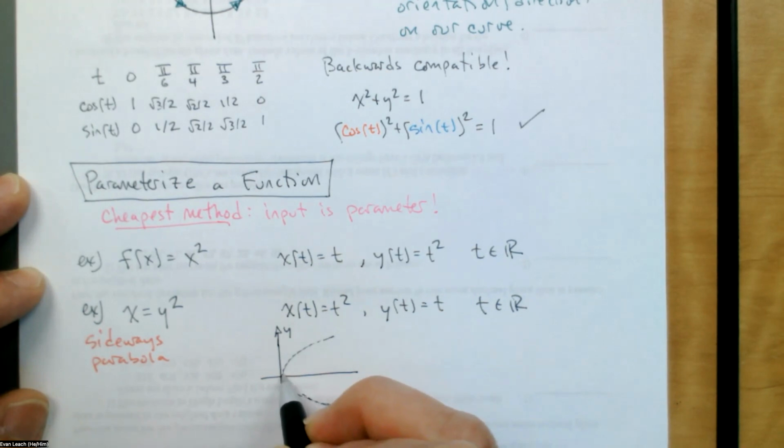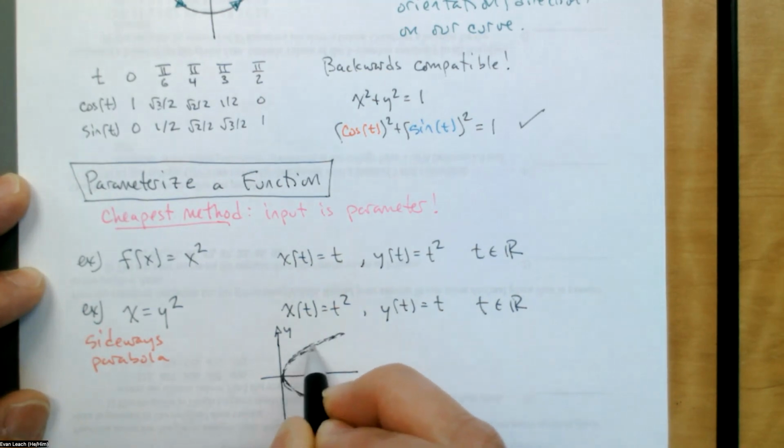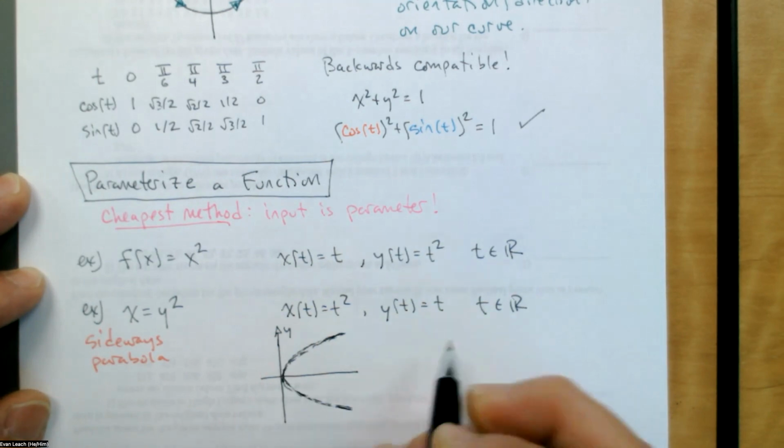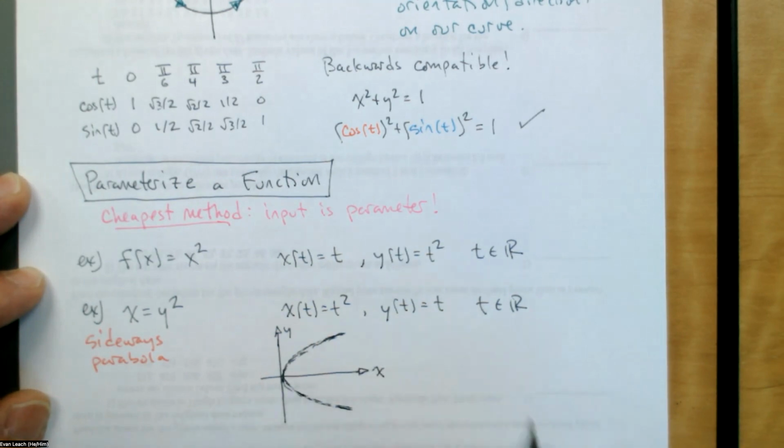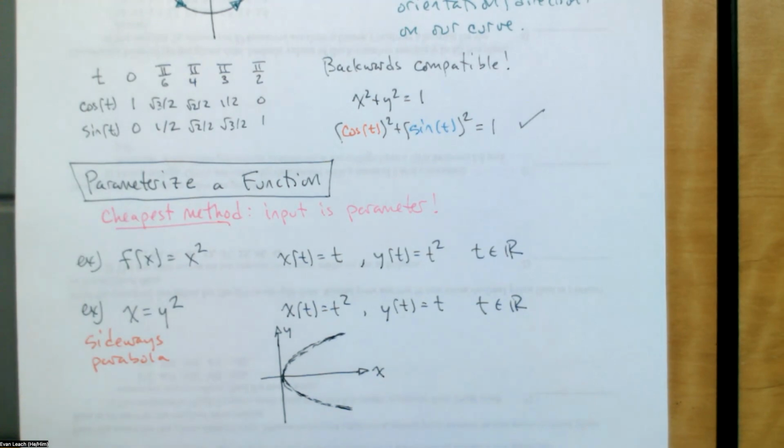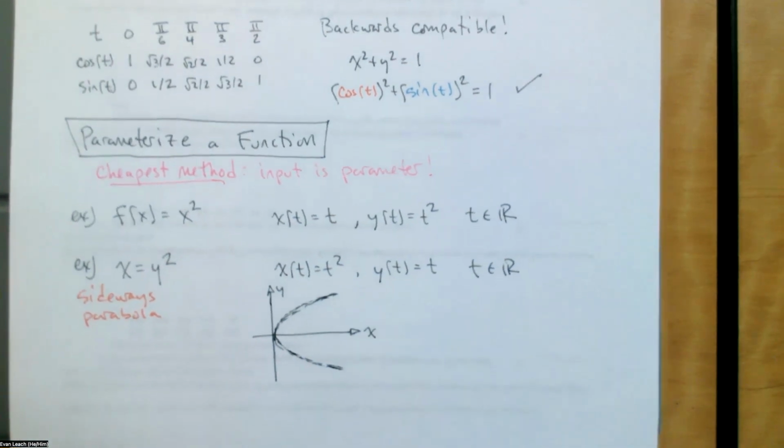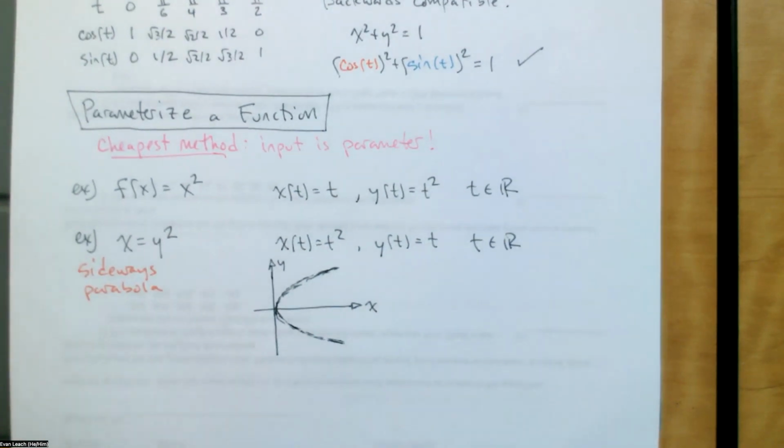Because we've parameterized it, we've not only produced this parabola, but we've also given it an orientation.